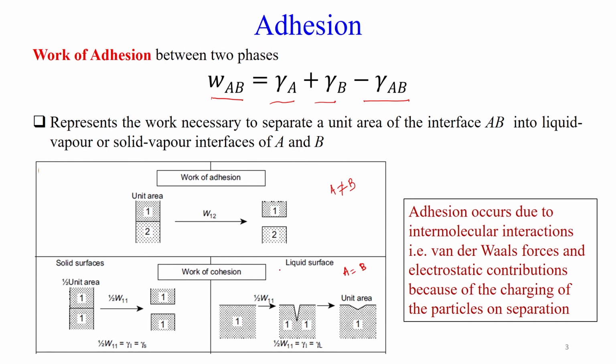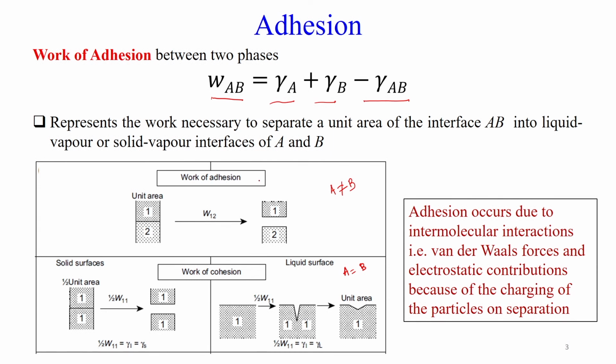If you recall the last lecture, in the case of either adhesion or cohesion, the work necessary, or change in free energy, is that required to separate a unit area of the interface. That interface may be either the liquid-vapor or the solid-vapor interface. So, the work done or free energy change to create the unit area is the work of adhesion.